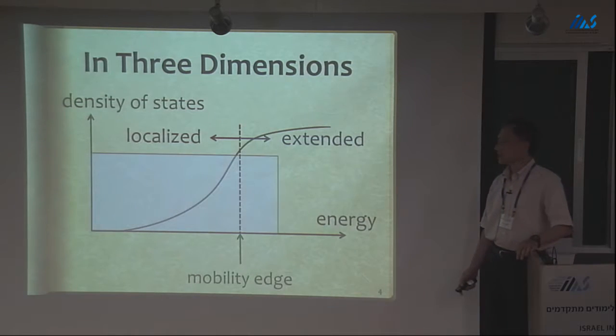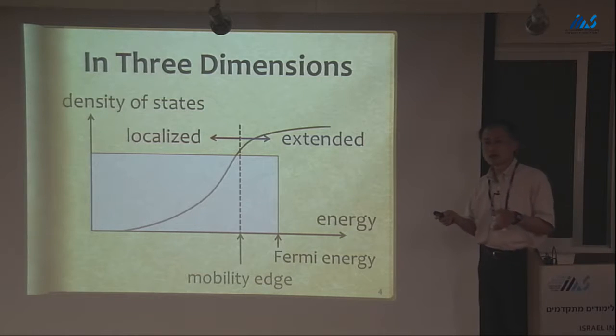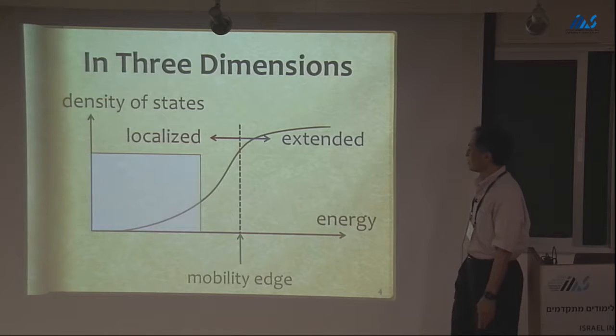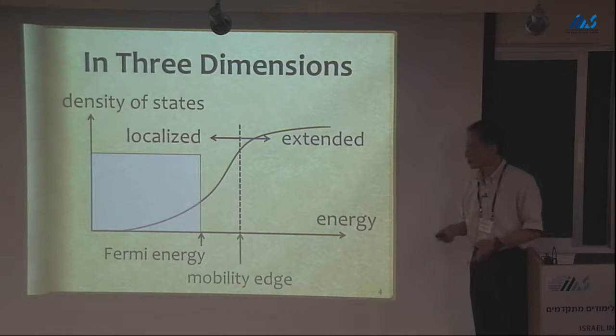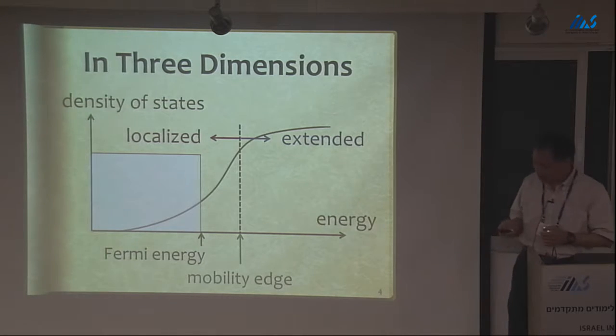So if the material has a Fermi energy up here, then these electrons can be mobilized, and it's going to be a metal. While if the electrons only fill up to here, then because all states here are localized, it's going to be an insulator. So that's the idea of Anderson localization in 3 dimensions.